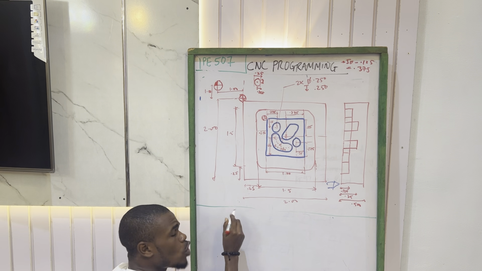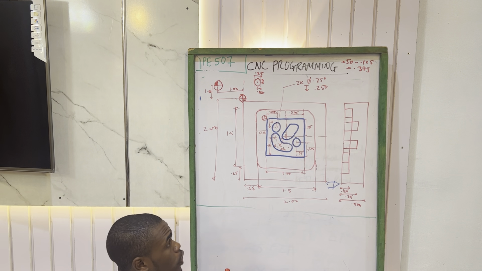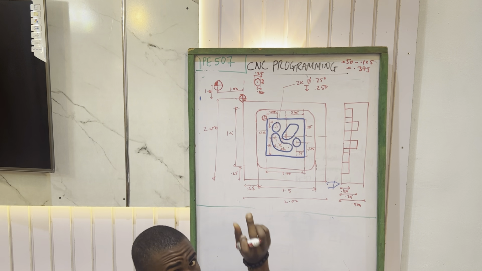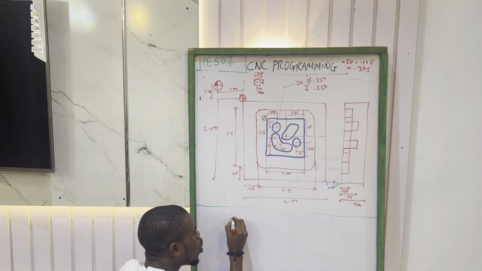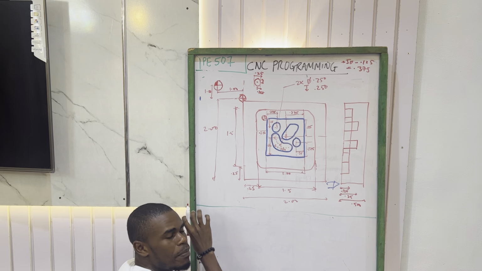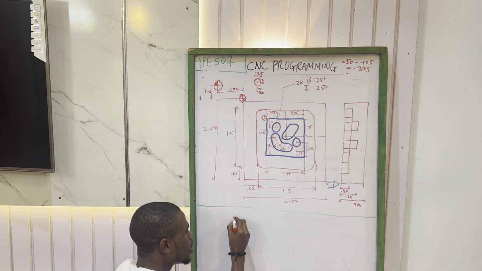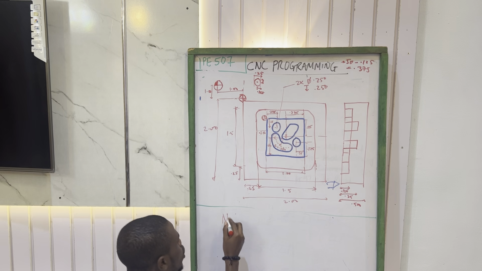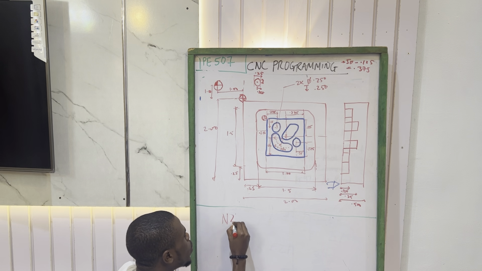You can choose to write your coordinate first before you perform the operation, because you have already done your G00 to rapidly position. So you can put the coordinate first, or you can input everything together. Either way is correct. So the coordinate first, this is N. I think my last operation I stopped at N20, so this is N25.